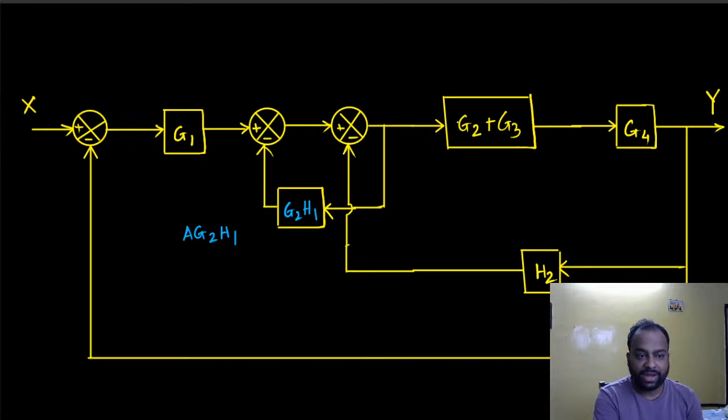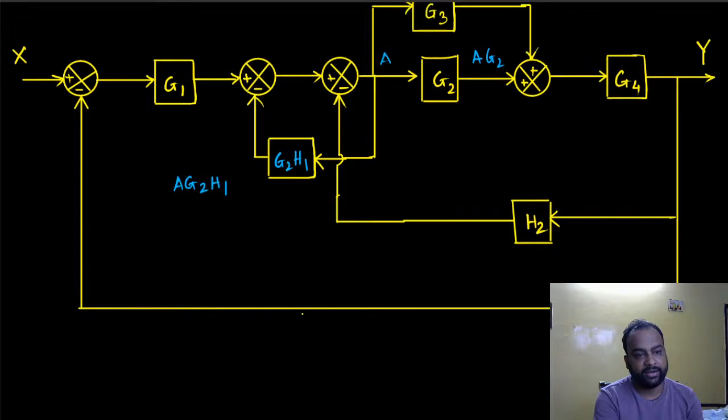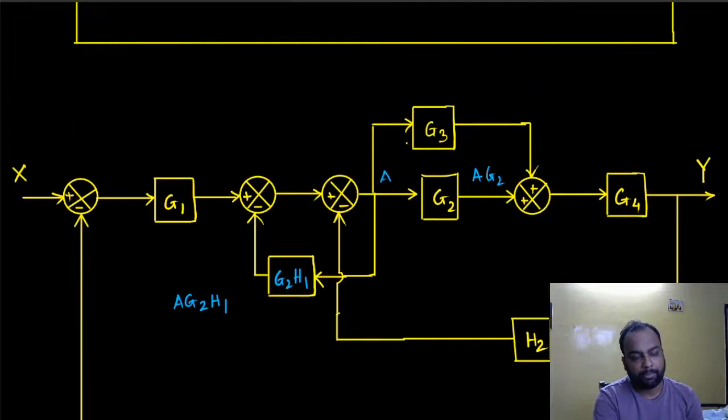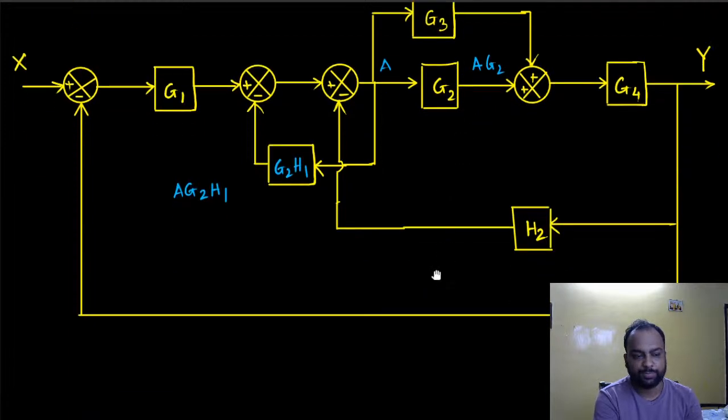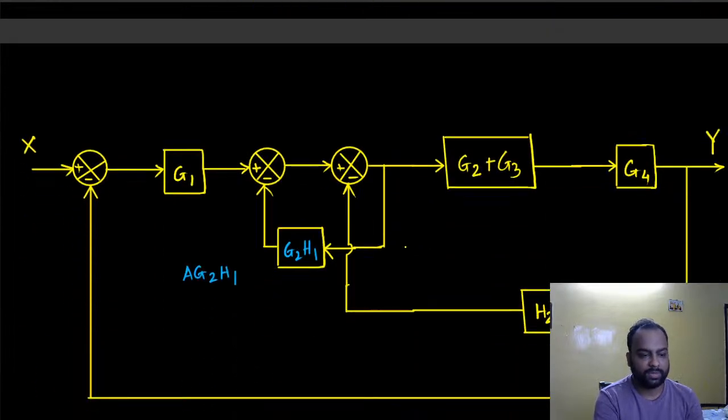If I did combine these two while this line was still here, while the input of this one was still here, I would have a problem. What problem? By combining these two into a simple parallel block, I would have removed this point entirely. That is not something I can do.